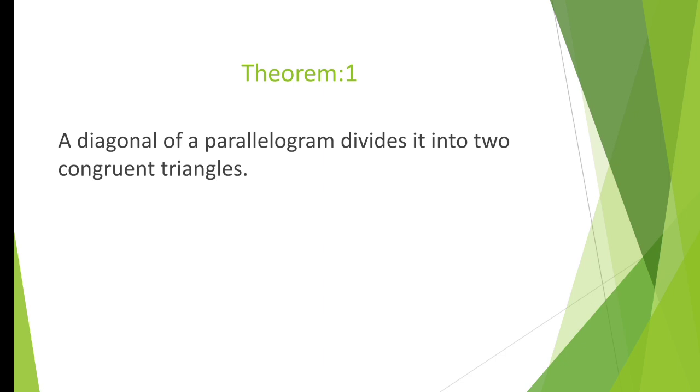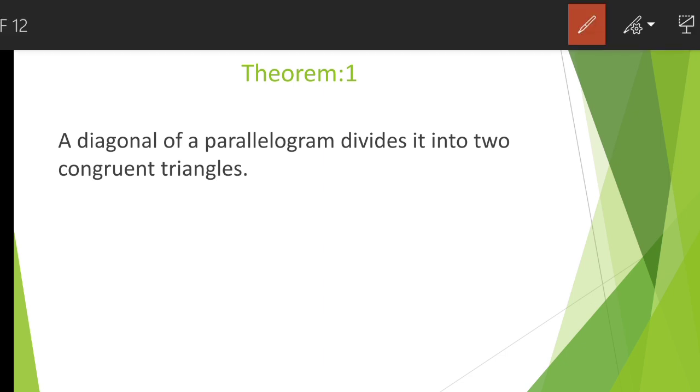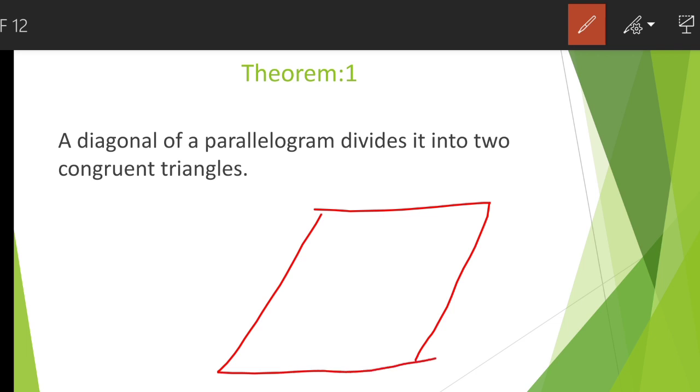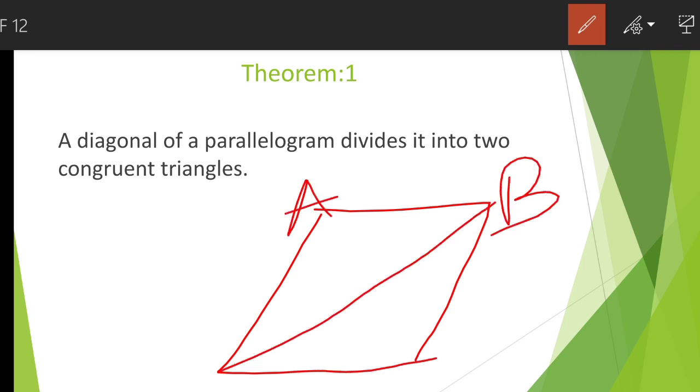So the first theorem is: a diagonal of a parallelogram divides it into two congruent triangles. If we have a parallelogram, the diagonal BD divides the parallelogram into congruent triangles.